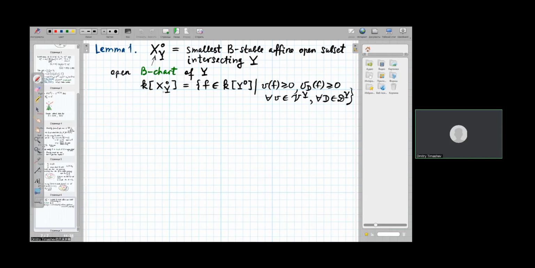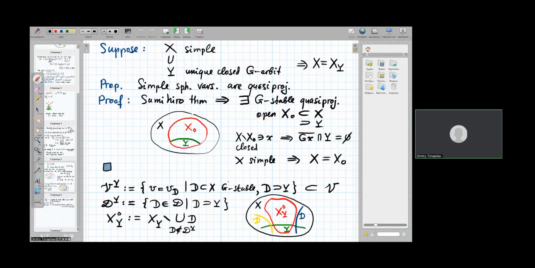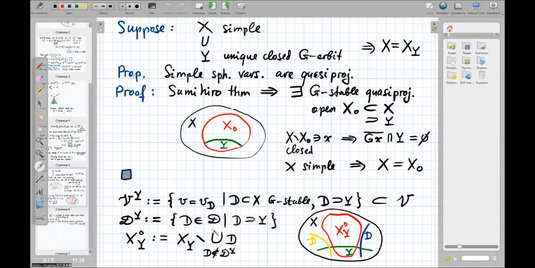B-stable prime divisors sitting in this X_y0, in the complement of Y naught. So these B-stable prime divisors are either these divisors or these divisors, because we removed all other colors. We removed all colors not containing Y.